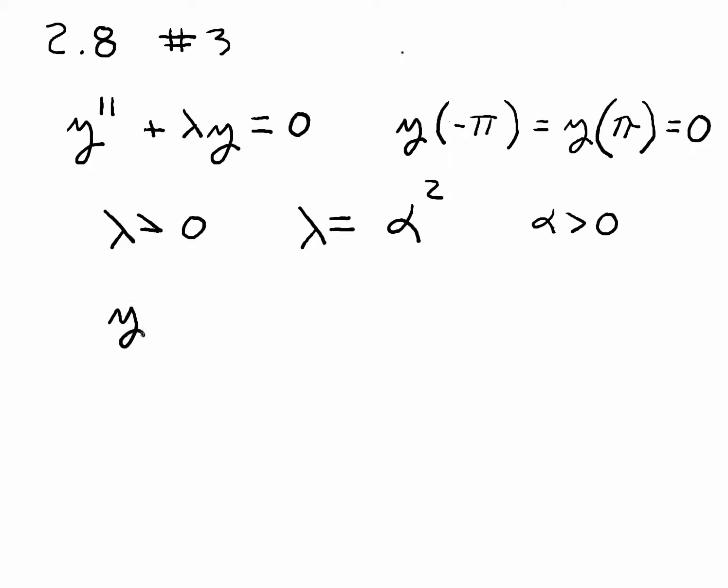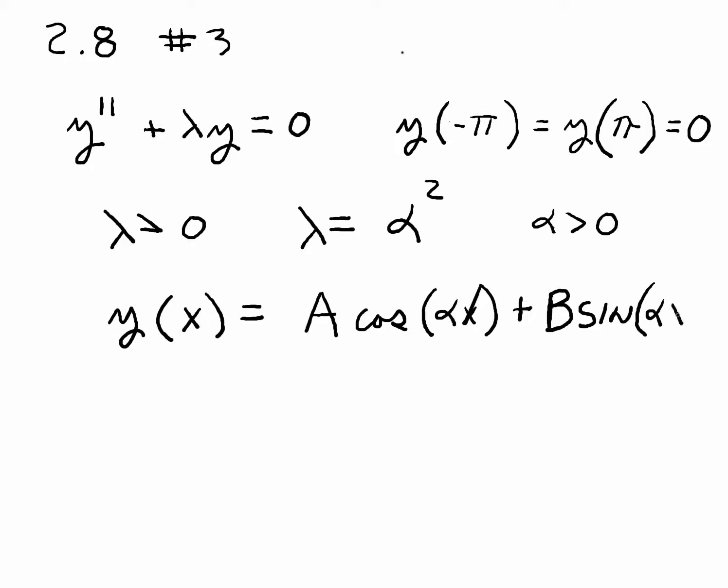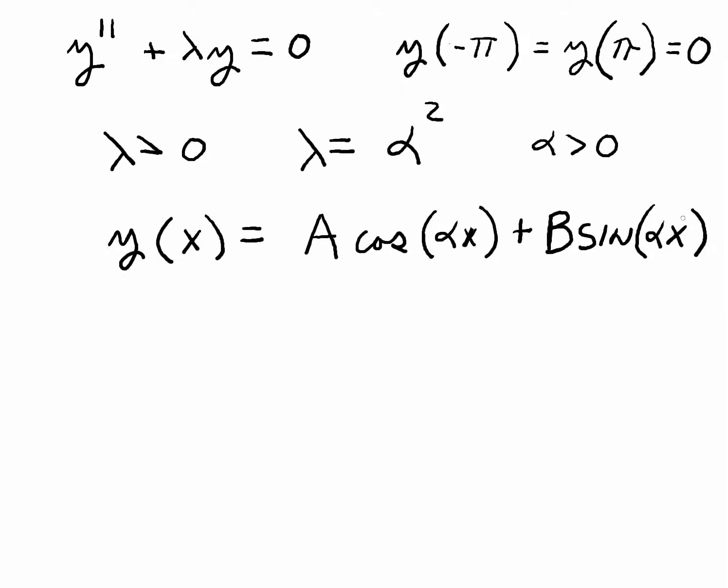We get our general solution that y of x will be some constant a times the cosine alpha x plus some other constant b times the sine alpha x, and our job is to find the eigenvalues lambda and the corresponding eigenfunctions for that eigenvalue.